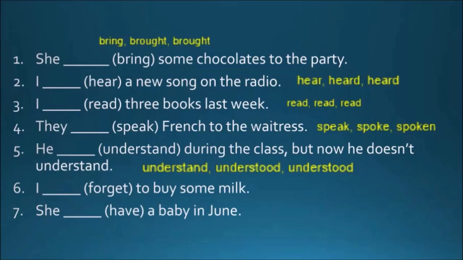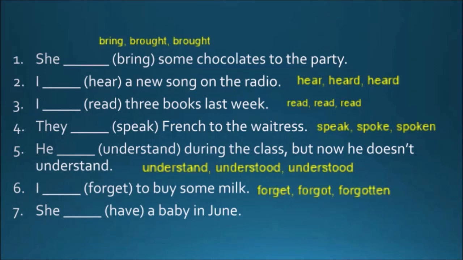Let's look at the 3 forms of forget. There you can see the 3 forms of our word forget. The infinitive, forgot in the past, and forgotten, the past participle.